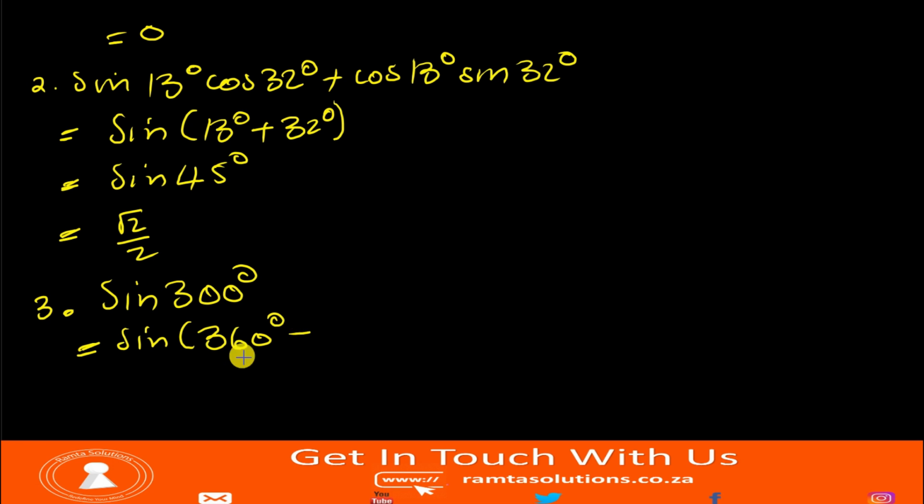All right? So 360 minus 300 will be 60. In other words, this is 360 minus 60. If you say 360 minus 60, you get this 300.